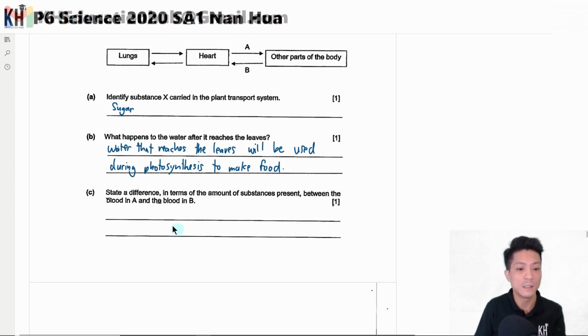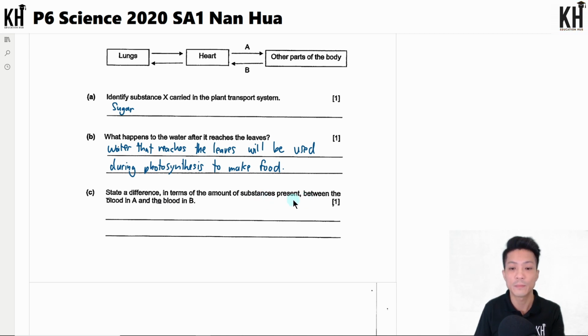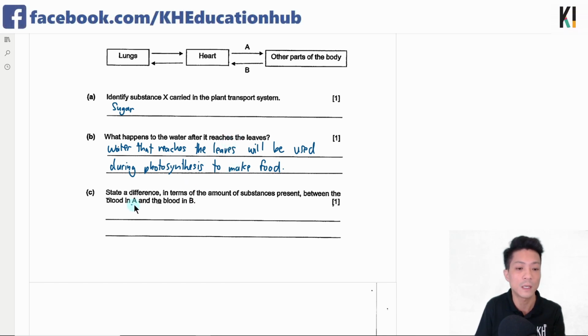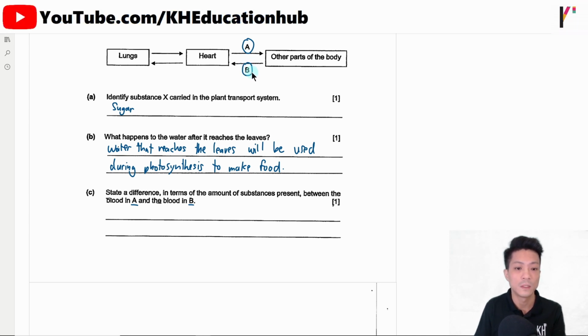Okay, for part C, state the difference in terms of the amount of substances present between the blood in A and the blood in B. So A and B over here. There are a lot of substances that we can talk about. I'm going to talk about the amount of oxygen.